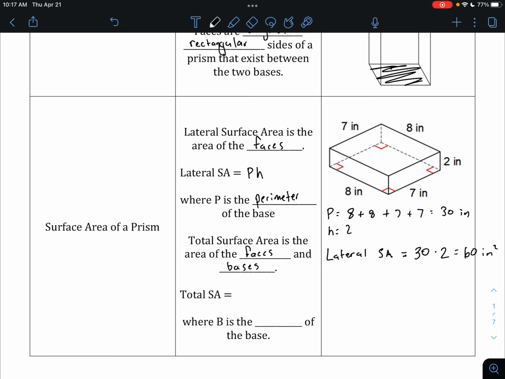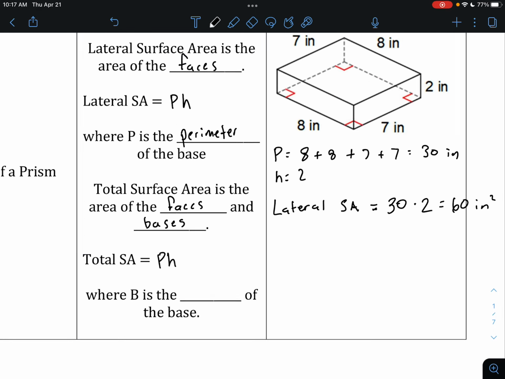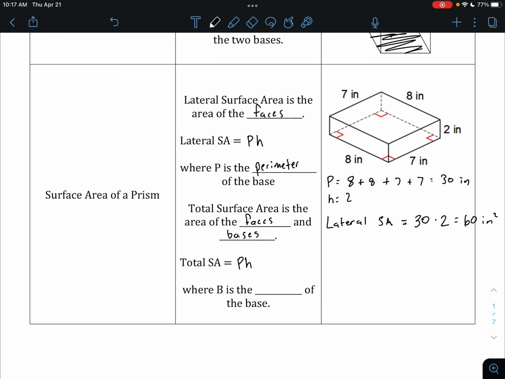So our total surface area is the lateral surface area, perimeter times height, plus 2 of the area of the base, 2B, where B is the area of the base. So if I find the area of the base, in this diagram, our base is a rectangle. So the area of the base is 7 times 8, which is 56 inches squared.